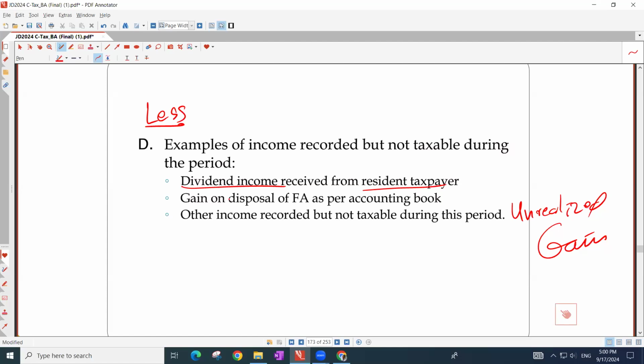Yeah, this can be class 2, 3, and 4. I think class 1 probably also includes, because the book value in accounting and tax are not the same.